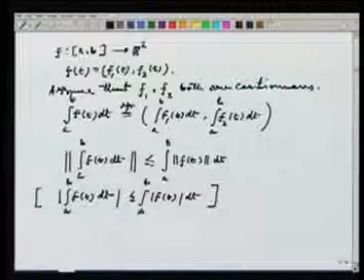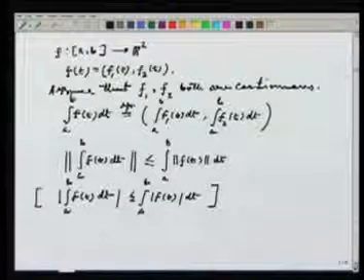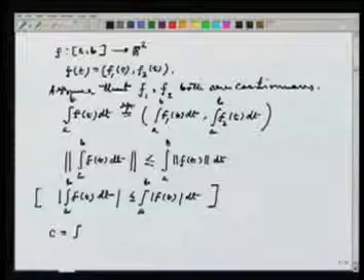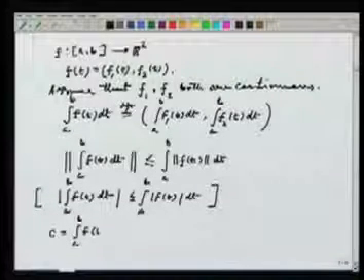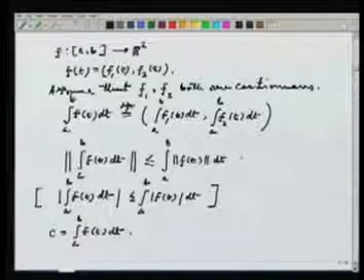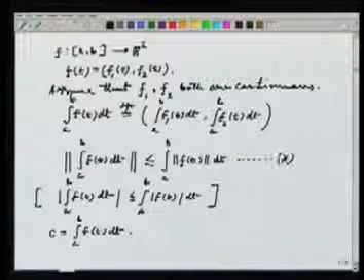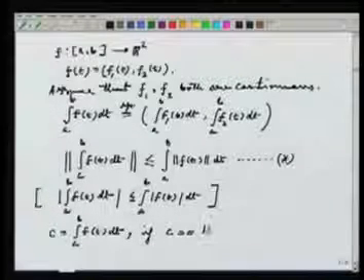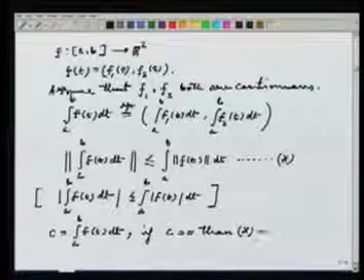Now the question is, how do we go about proving it? Well, I define a vector c by the left hand formula, that is, the integral a to b f t dt. This is a vector. Let me give a name to this inequality, call it star. If c equals 0, then star is true.